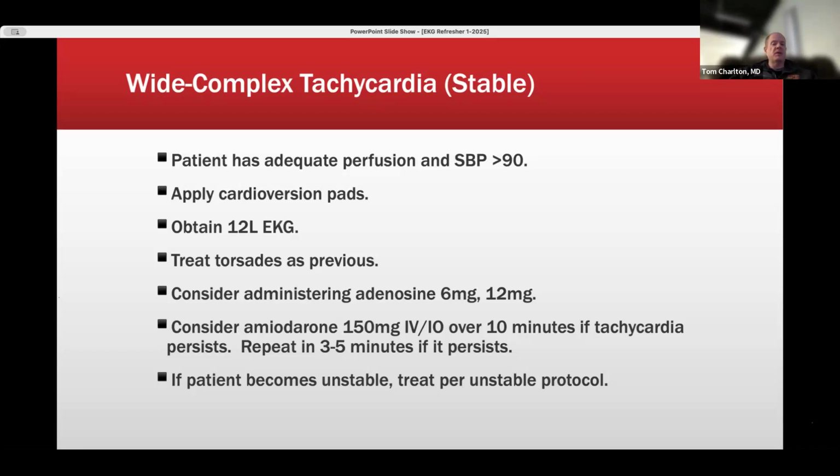I've never had this work. I don't know of anybody that has had it work. So I typically don't bother doing that. And the other nice thing about amiodarone is not only does it help with VTAC, but it also helps slow down SVT. So the amiodarone has the ability to actually fix both.